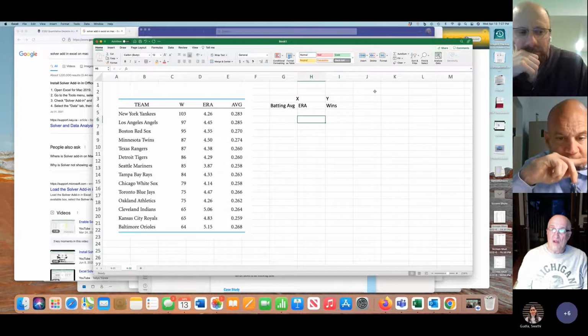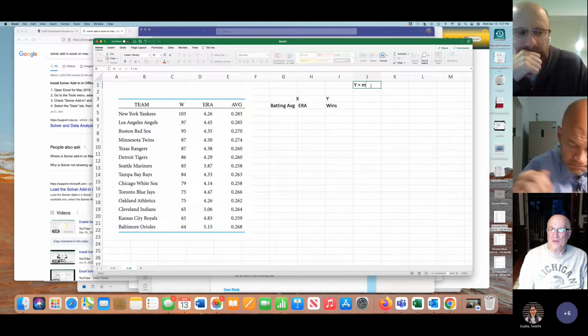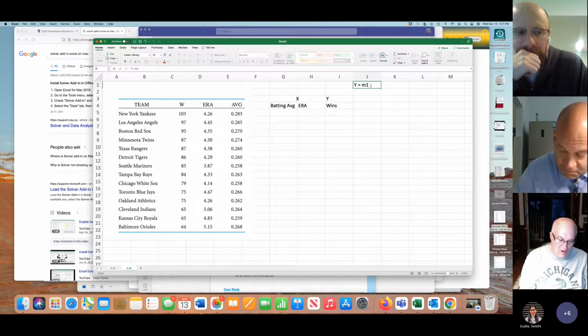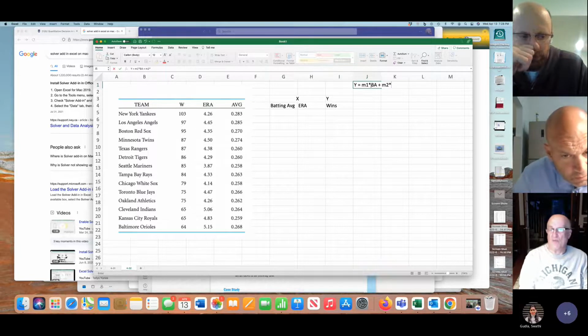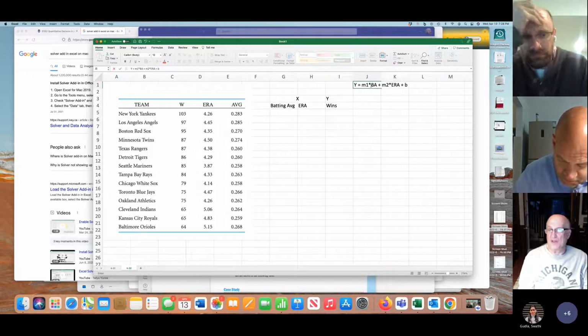So now I'm not looking for a model that says Y equals MX plus B. I'm looking for a model that says Y equals M1 times batting average, let's call it BA, plus M2, a slope-ish coefficient that I multiply times ERA, plus some sort of constant intercept.